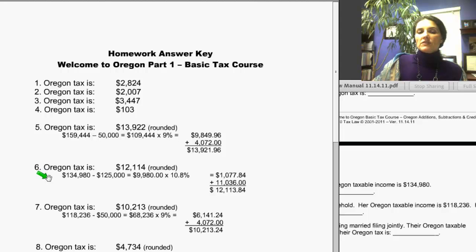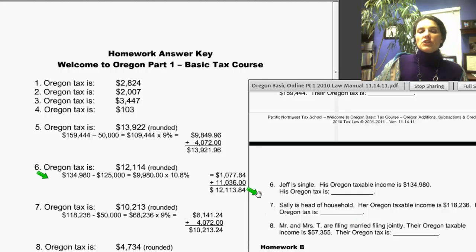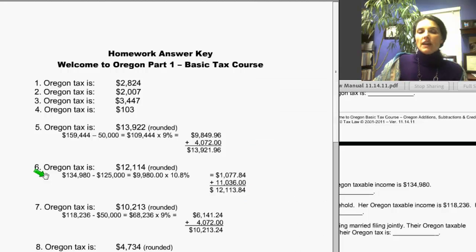The $125,000 breaking point is the point at which Jeff will move into the 10.8% tax bracket. So any income he has above $125,000 is taxed at 10.8%. In this case, the amount of income he has being taxed at 10.8% is $9,980.